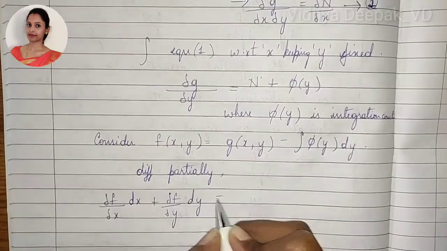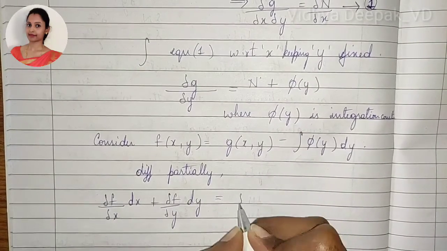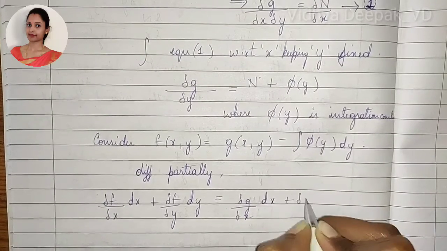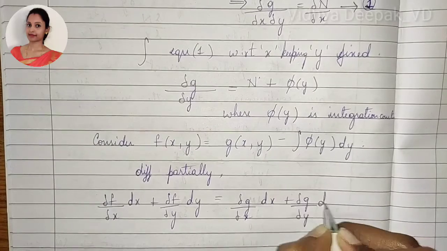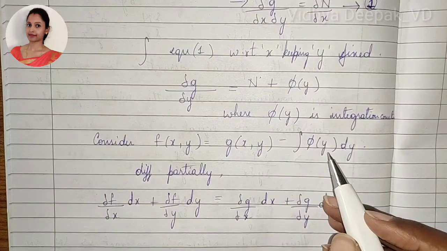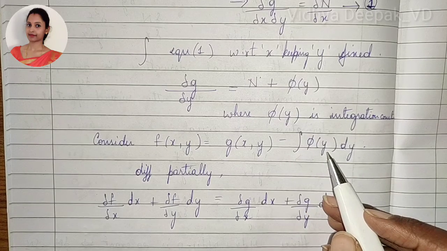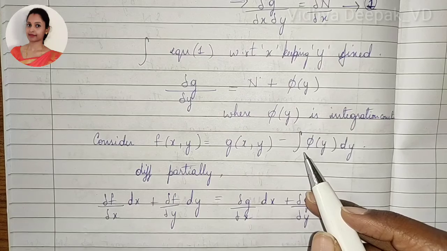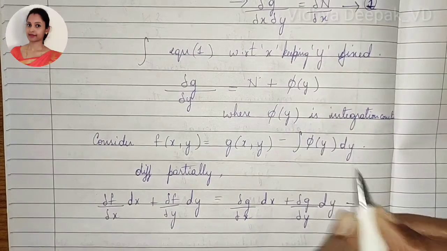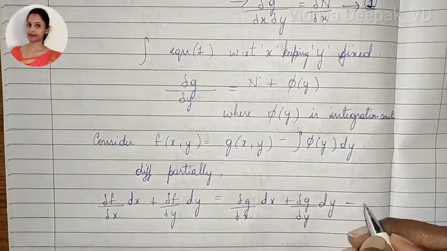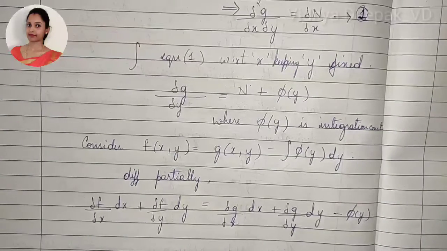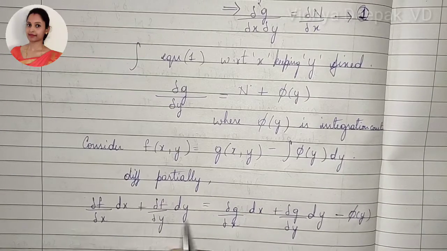The same thing I am writing for g also: dou g by dou x dx plus dou g by dou y dy, and minus the integration of a function. Integration and differentiation get cancelled, so what is left out is just the function, phi of y.